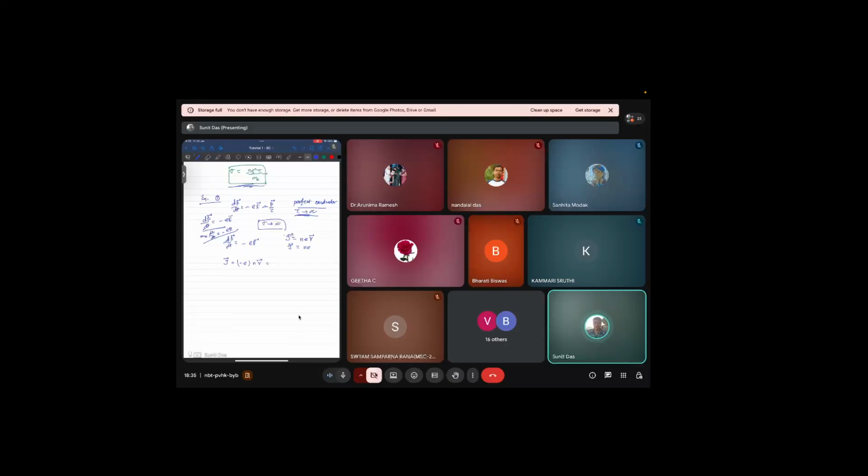Then I can write this v as minus e n and then dp/dt by m_e, because p is just m_e v.